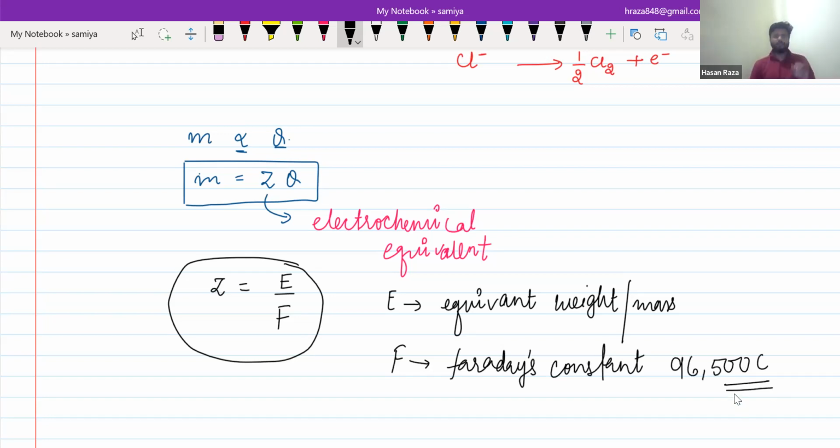I'm going to explain each term one by one. Please write this up to this, then let me know. M is directly proportional to Q. M is equal to Z into Q. Z is electrochemical equivalent, and we have a formula for Z. Electrochemical equivalent will be equal to equivalent weight or mass upon Faraday's constant, which has a value 96,500 Coulomb.